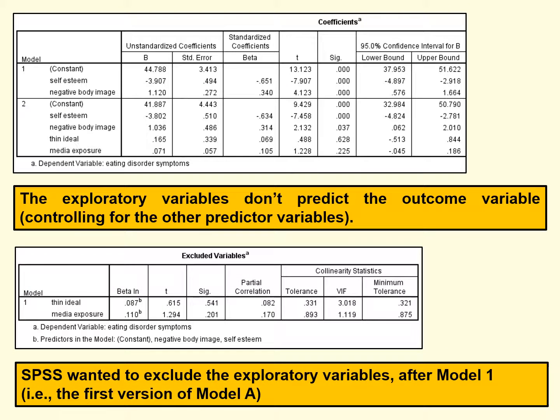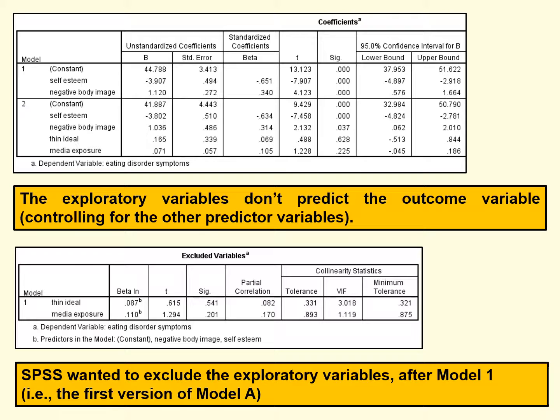Because we did a hierarchical multiple regression, SPSS reports to us the variables which are not included in each step of the model. So at step 1, augmented model version 1, we're not including, I should say, thin ideal and media exposure.